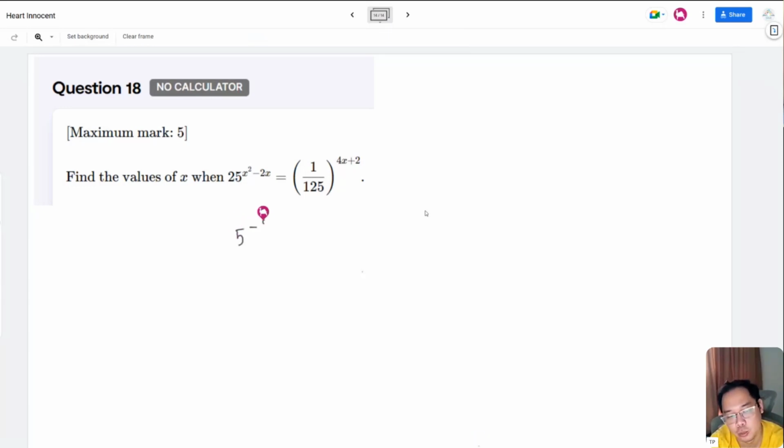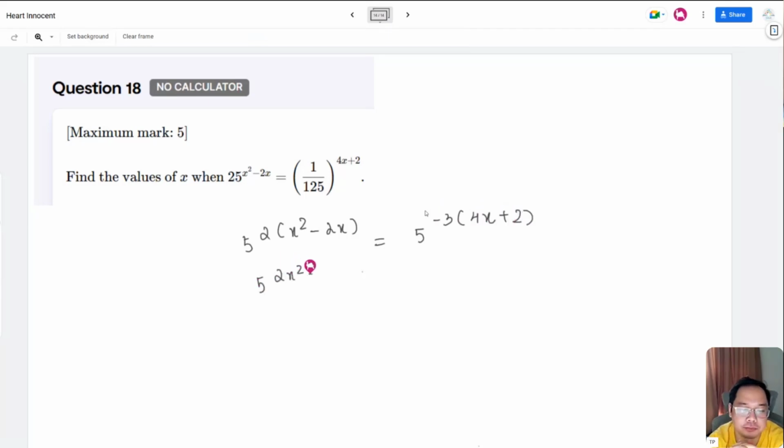Yeah, which is 5 power 2, and then all of that power x squared, minus 2x exactly. 5 power minus 3 exactly. 12x minus 6, correct. Okay, now let's set the indices equal to each other.